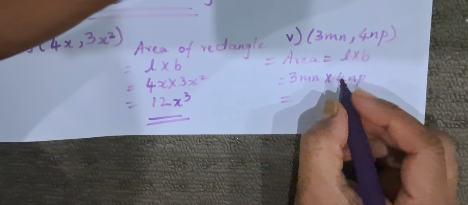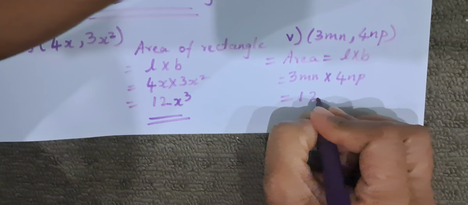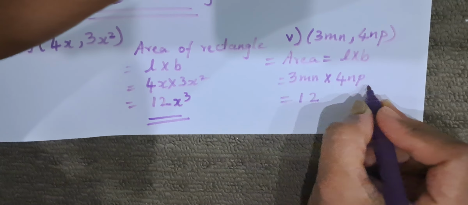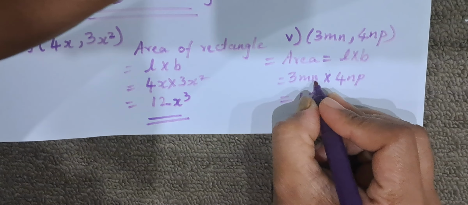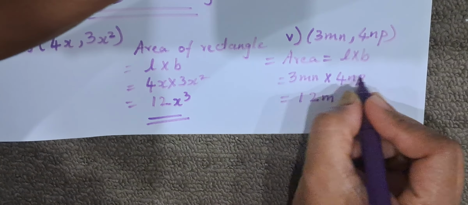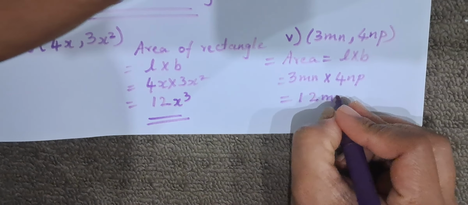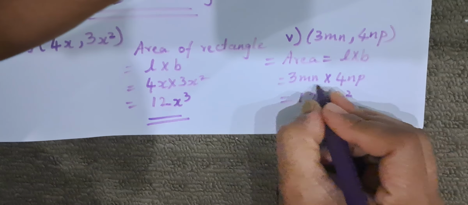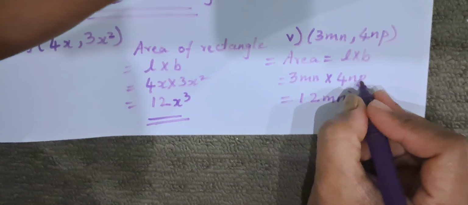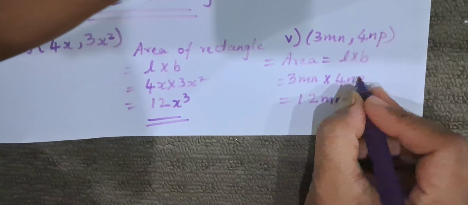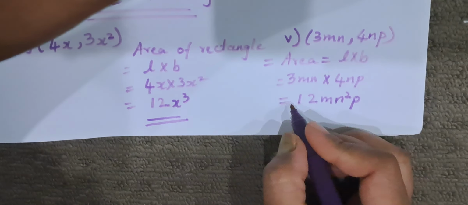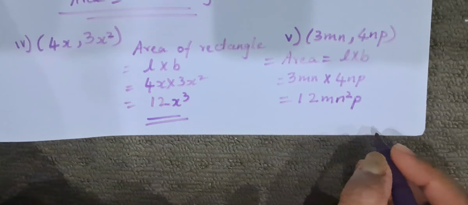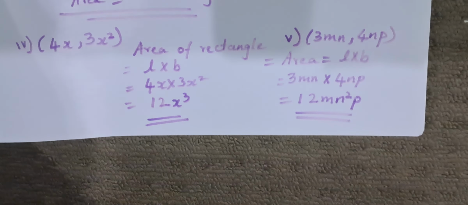That will be 3 times 4 is 12. m is just here and not in the second term, so we will write m once. n is in both the first and second term. So n to the power 1, n to the power 1 becomes n to the power 2. 12m n square, and p is just in the second term and it is 1, so we will write down p. So it becomes 12m n square p. This is the answer for the fifth one.